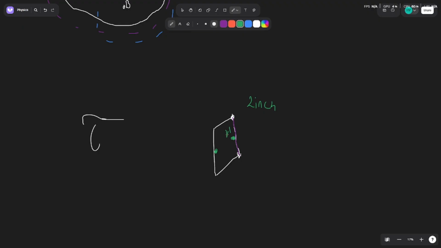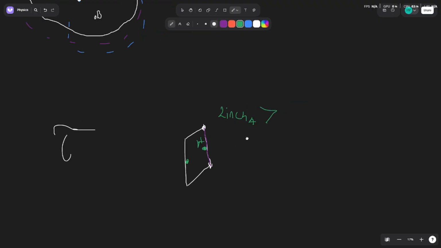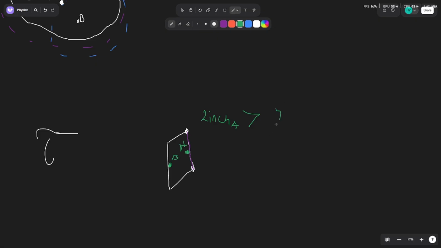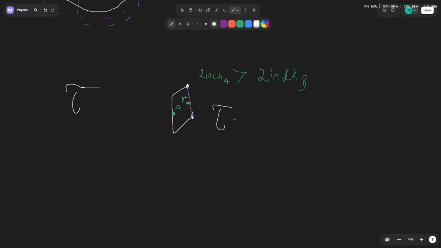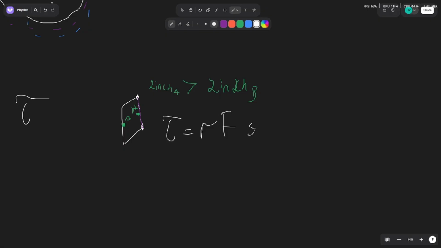The work at point A will be greater than the work at point B for the same 2 inches, because here we need to apply less force than there to move it the same 2 inches, right? And how can it be represented? Torque equals the radius times the force applied times the sin of the angle.